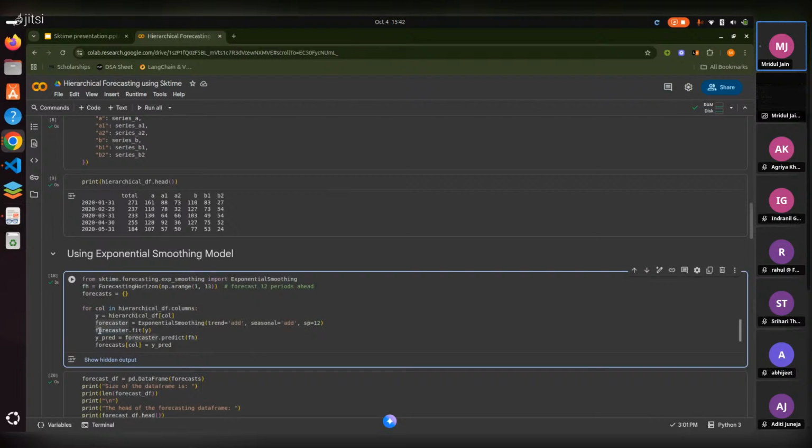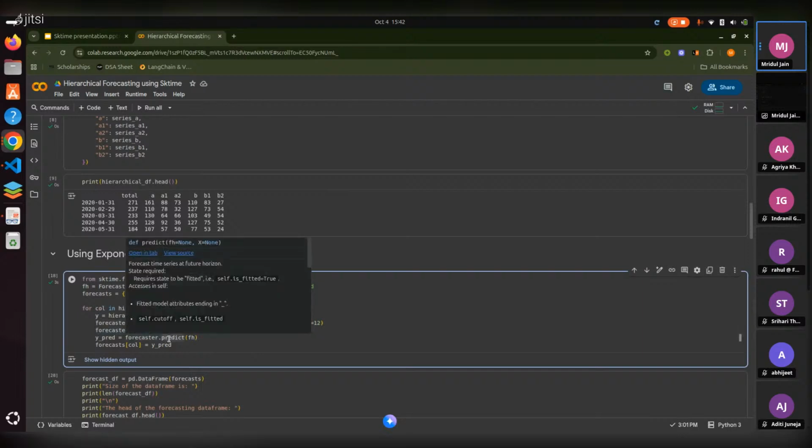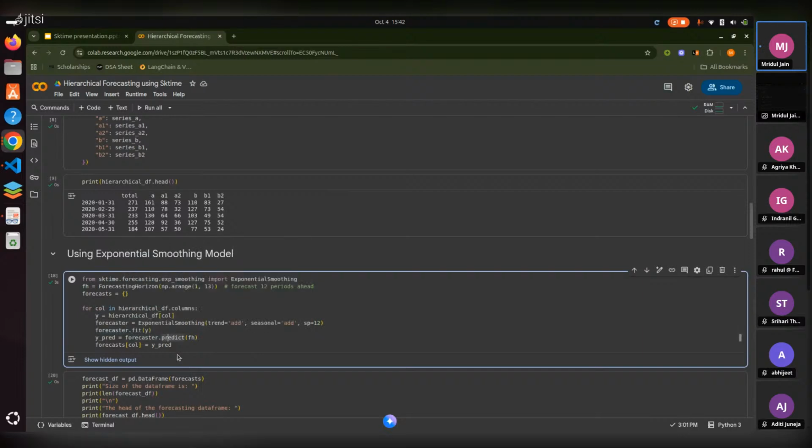Now, sktime provides this very good functionality of fitting the forecaster on the column, similar to what we have in ML-based approaches, where we simply fit a supervised machine learning model on the X train and the y train, right?